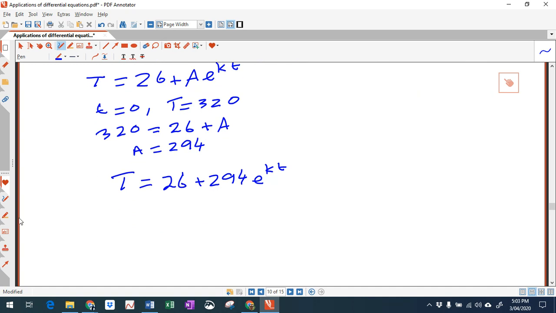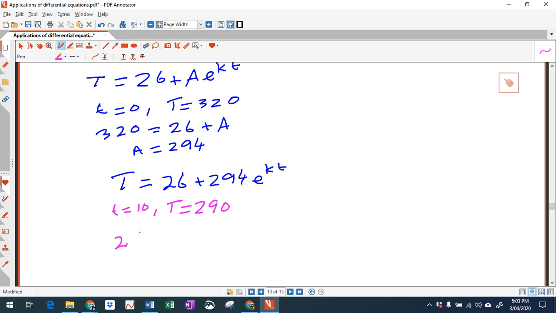So to find k, let's change colours here. To find k, we're going to use the other condition we know. What's the other condition that we know? We know that when t equals 10, capital T is 290.